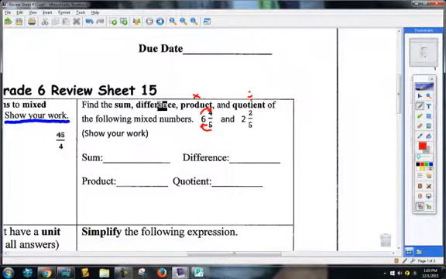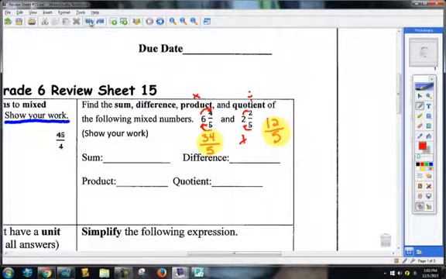You can do it with adding and subtracting, but if you're going to have to do it, why not just do it once? So I went ahead and changed this to 34/5, and then I made this 12/5, like that. Then all I'm looking at is: I'm going to add those, then subtract those, then multiply those, then divide those. And then from there it's pretty easy.